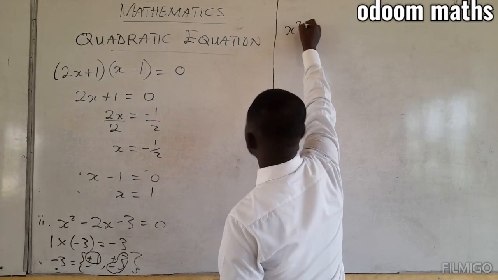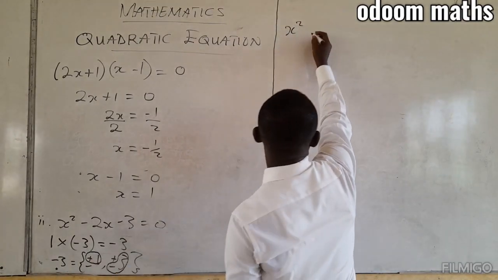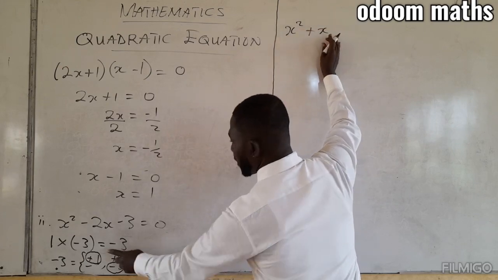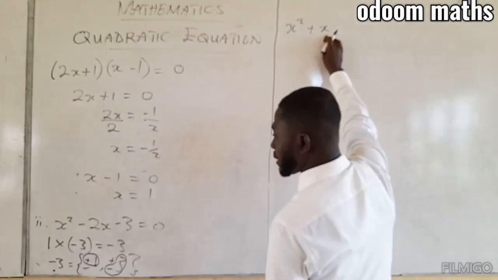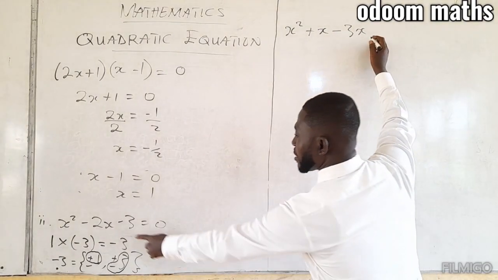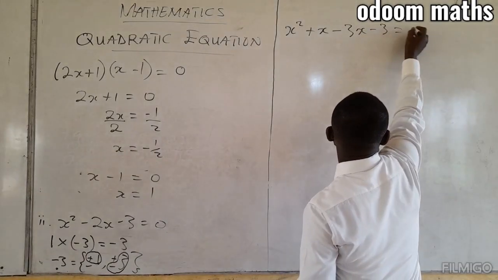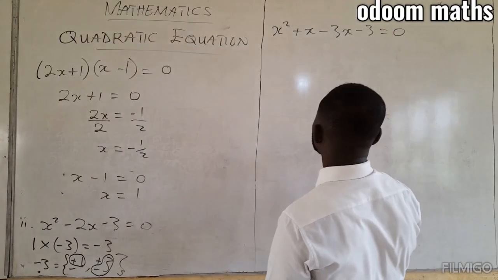So my x squared, then I took plus 1, so plus x, because the x here is 1x, but we don't write 1x. So x squared plus x minus 3x minus 3 equals 0, so that this will give us what is in the original question itself.